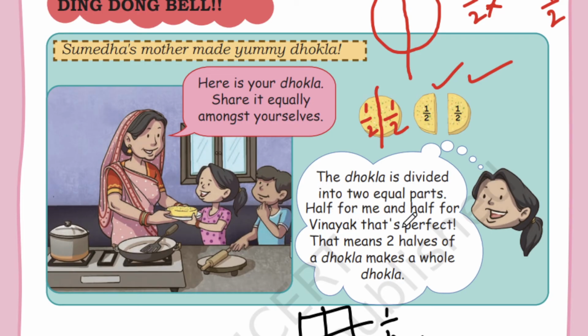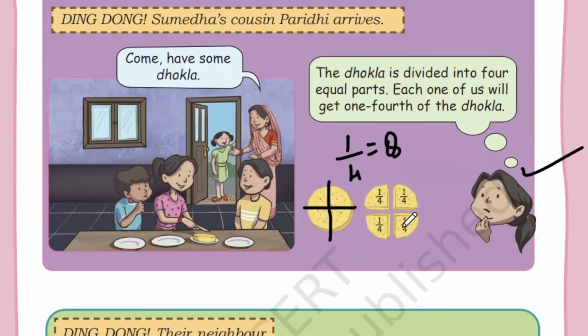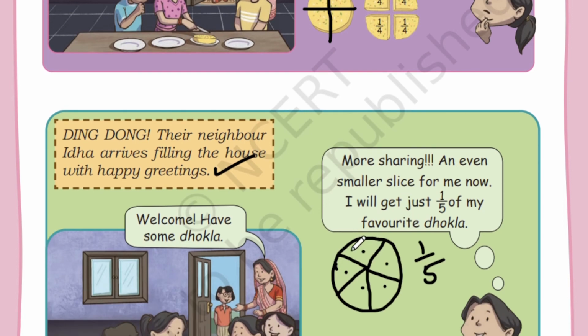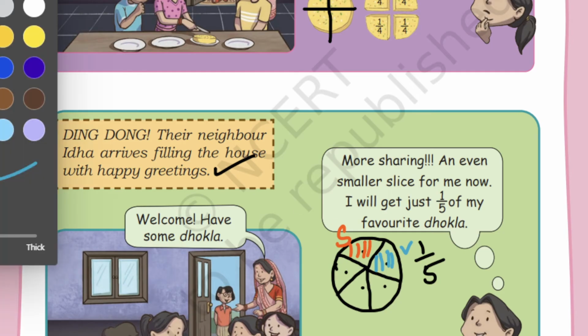and for me and Vinayak. So Sumeda and Vinayak. So we have Sumeda, I'm going to do with yes, and Vinayak I'll do with V, and Kumar joined. I'll do in purple.